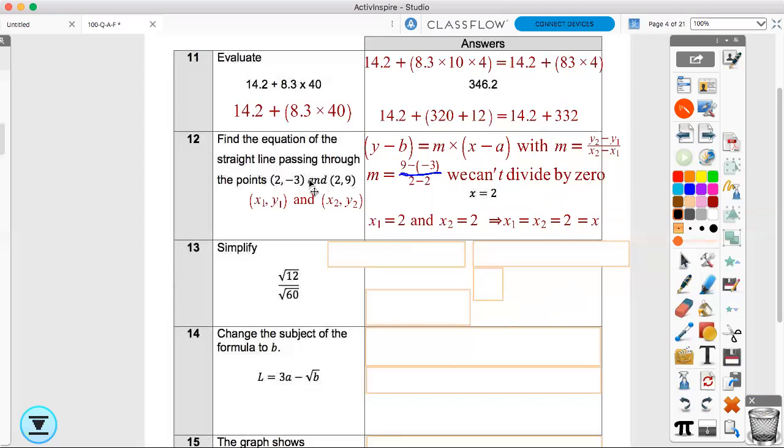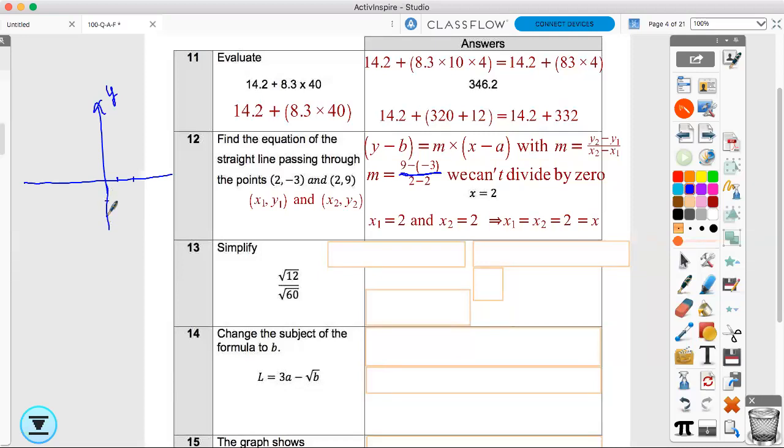So if you had a blank and you get something like this and you're not too sure what to do, you could just go on the side of your paper and just say, you know what, I'm going to try and draw here. So I'm going to draw, this is y, this is x. So for x equal 2, this is 1, 2, I've got y equal negative 3.